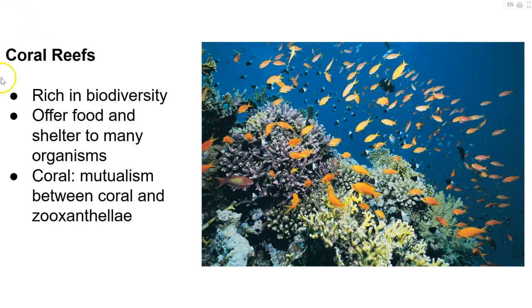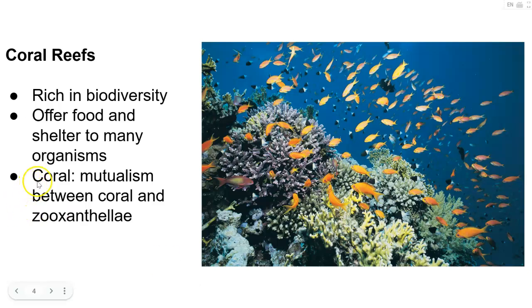All right, so coral reefs are a very unique ecosystem. They are rich in biodiversity, as you can see from this small photo. Got lots of different fish and coral and algae and all sorts of biodiversity. And as a rich ecosystem, they offer food and shelter to many different organisms.